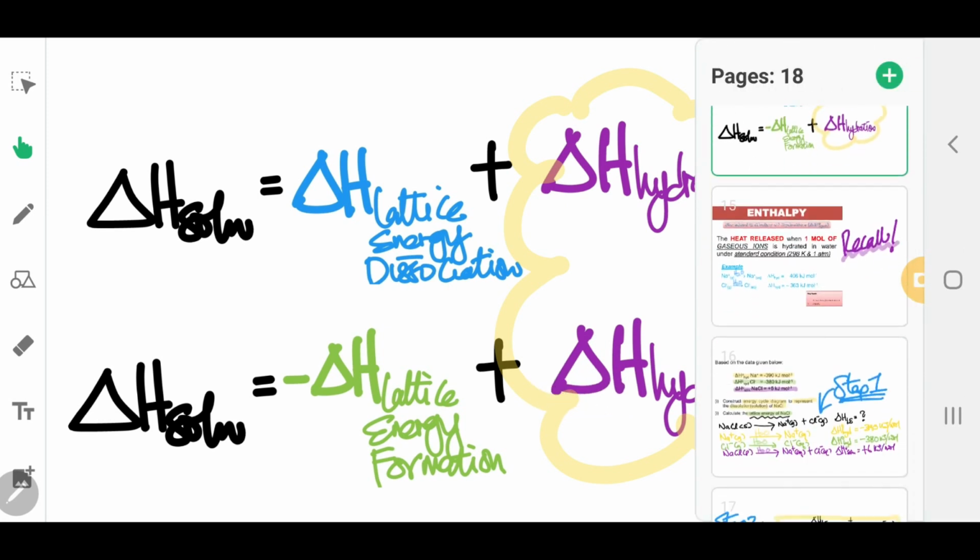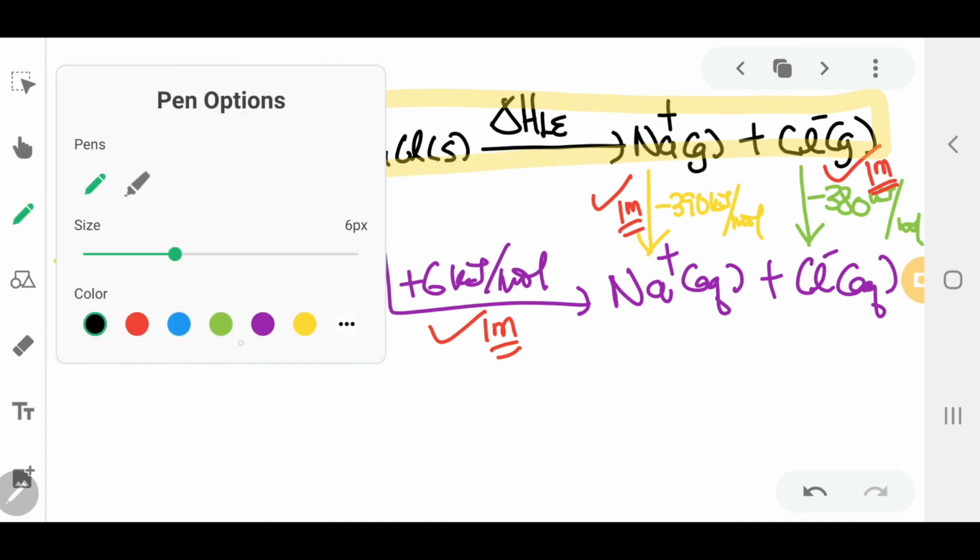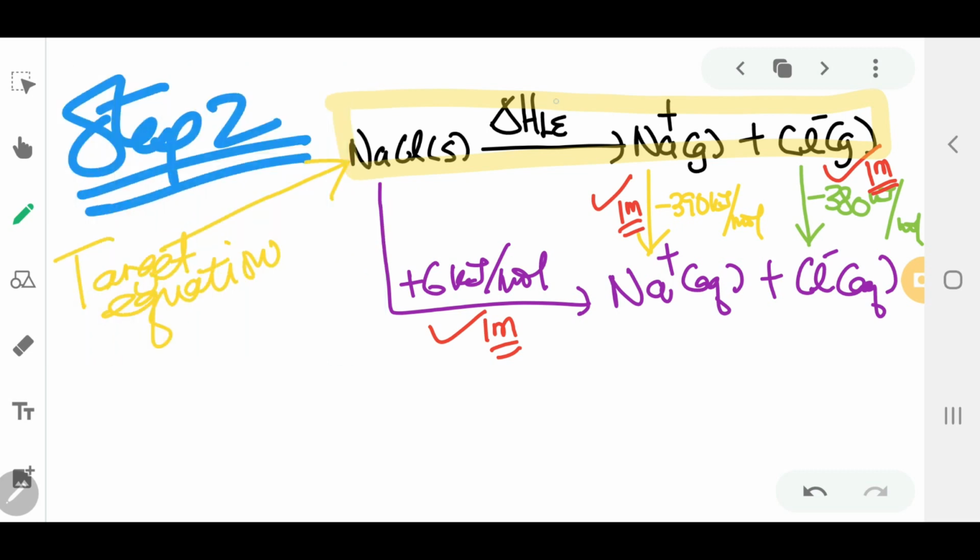In the cycle that we have constructed, the lattice energy that we are using now is lattice energy of dissociation. You have to remember that. So that right now, this is for dissociation.